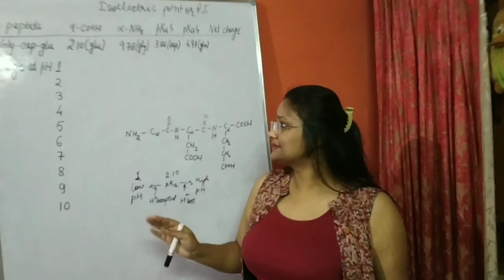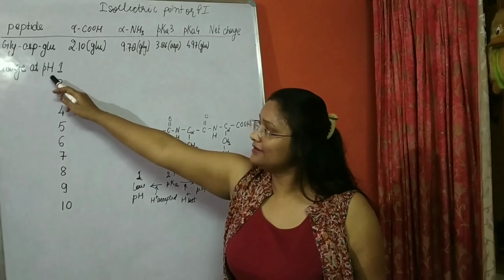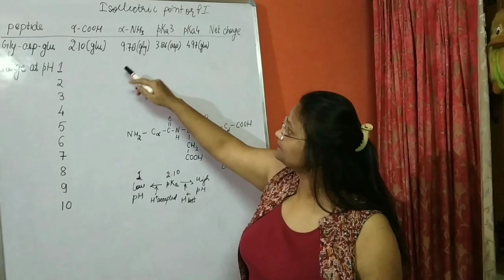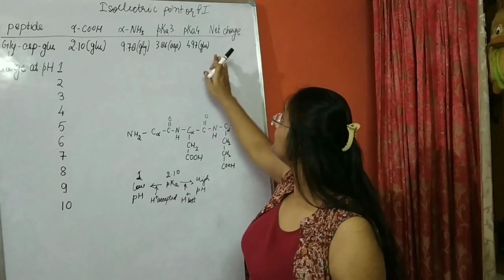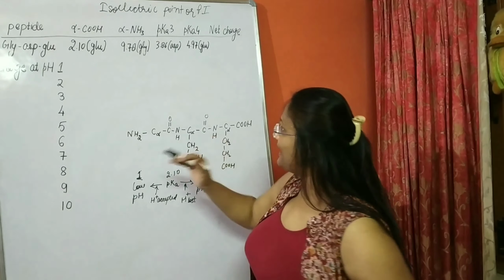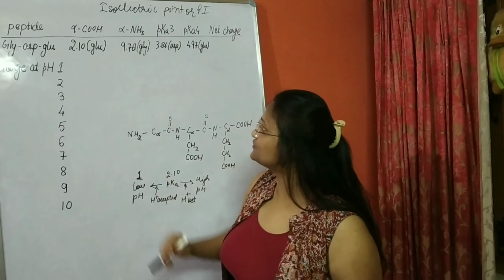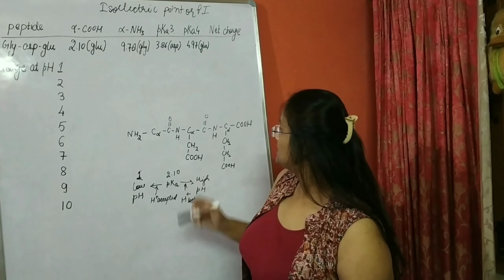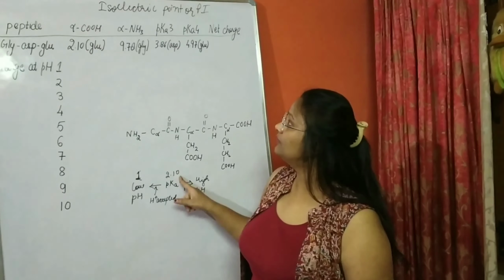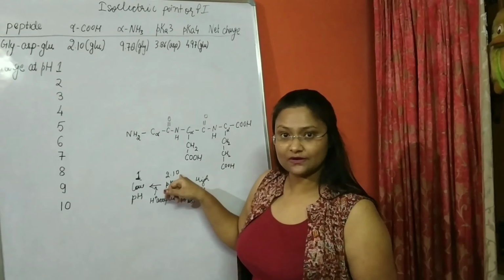So first we will keep this peptide at pH 1, and then one by one we will find out the charge, and then the net charge, like we did in the previous video. So first of all, consider pH 1. The alpha COOH has pKa 2.10.